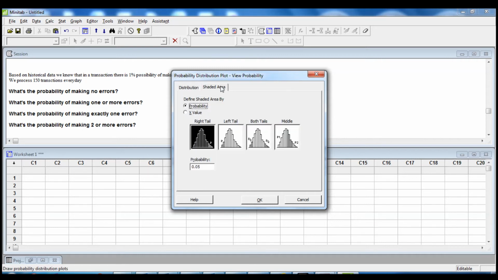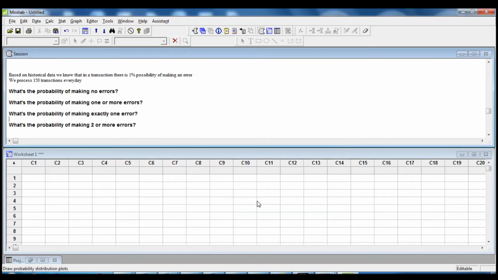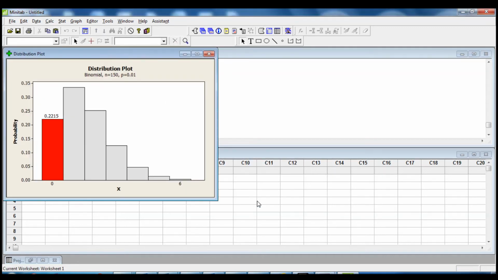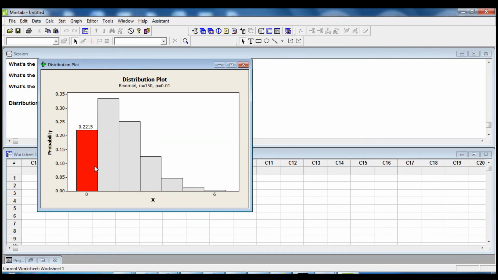Then we click on Shaded Area, X value, and considering that we want to know the probability of making no errors, so we're talking about a specific value, not a range, so we click on Middle, and we fill in the two boxes with 0 and 0. When you click OK, you can see that the output is a bar chart in which we have 22% of the probability of making no errors.